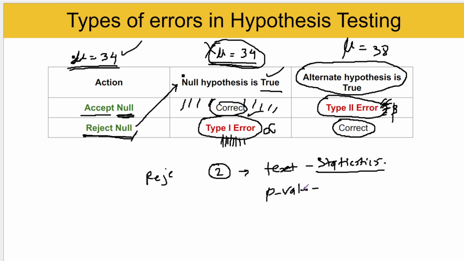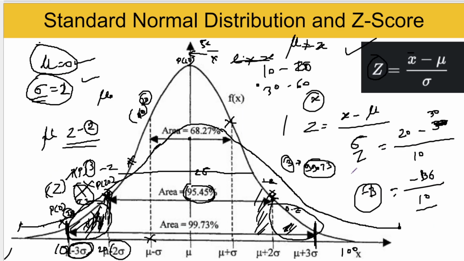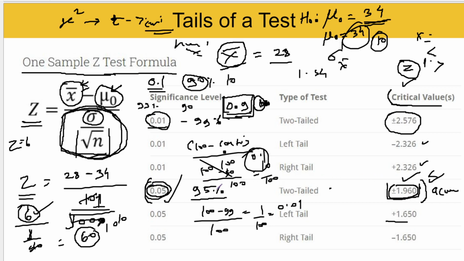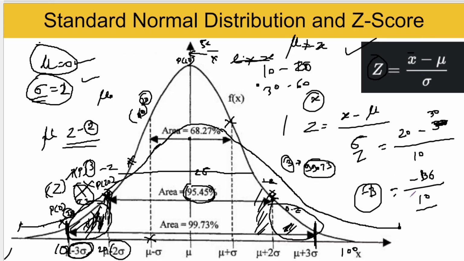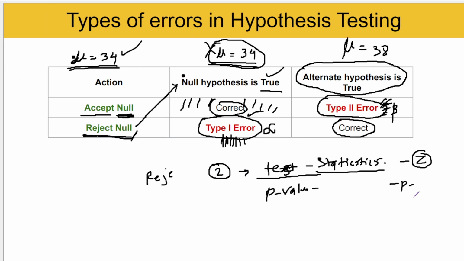What is this p-value? Probability. So the test statistic is one method. Now we have calculated the z, correct? We have not calculated the p-value. You can convert this 1.96 into a p-value, see how much p-value I get, and that sort of thing you can do with Excel formulas. Last time we did it, if you remember.